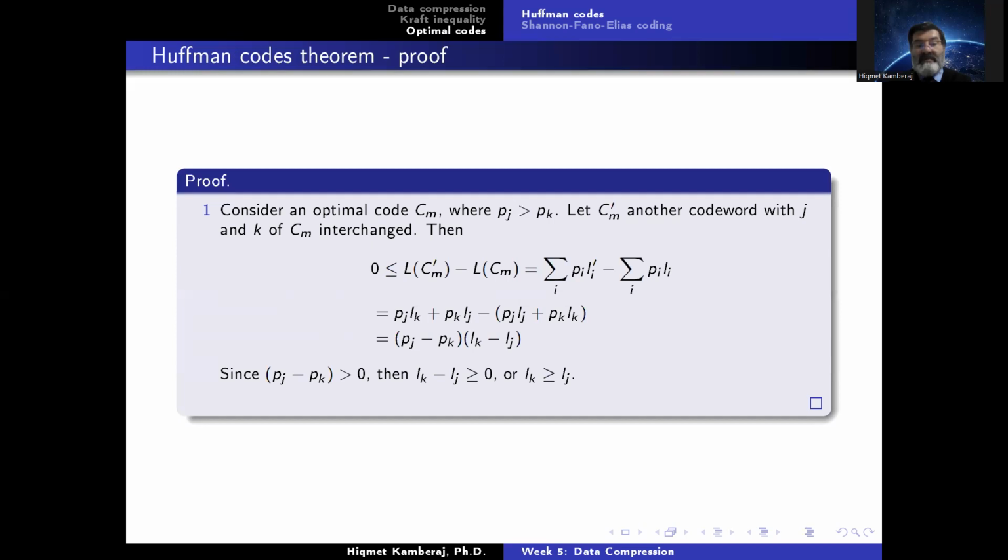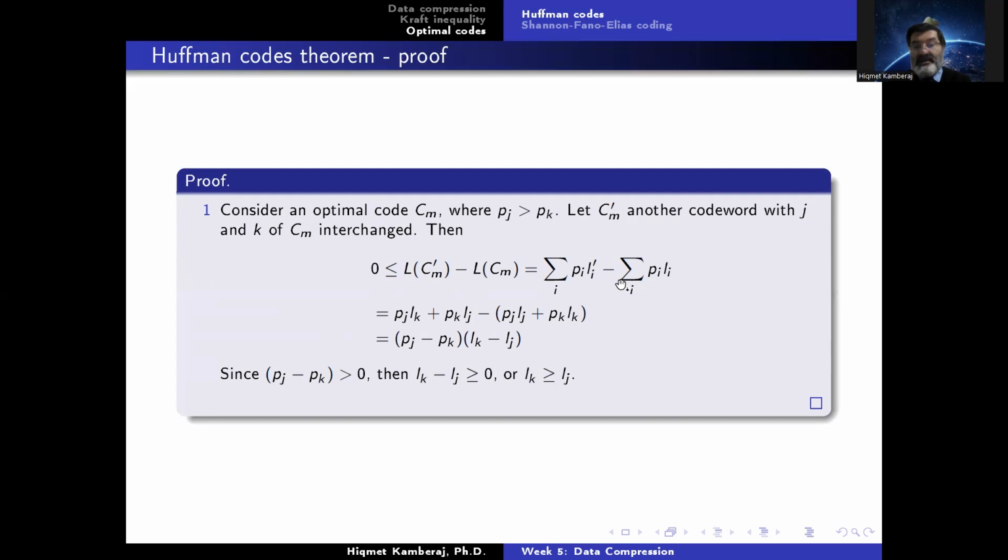Then I have L of C_m prime minus L of C_m. Now, since L of C_m is the optimal one, this means that it is the smallest possible. So L of C_m prime can only be equal to or greater than L of C_m. So this means that this difference is greater than or equal to 0. Moreover, this is equal to, for the L of C_m prime, the sum of all i's P of i L_i prime, minus, for the L of C_m, the sum of all i's P_i L_i.